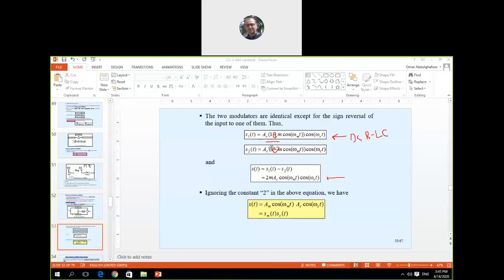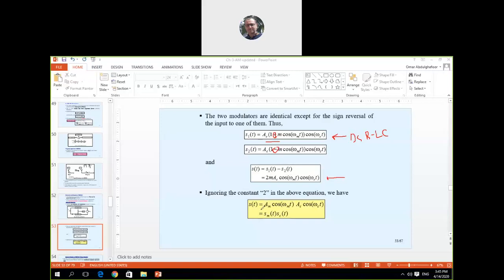After we invert, and you do this one minus S2, definitely here we have A sub C in positive. After we apply the negative, all the carrier signal will be cancelled. So we have only 2 M A sub C cosine omega MT cosine omega sub C T, and this two can be ignored.